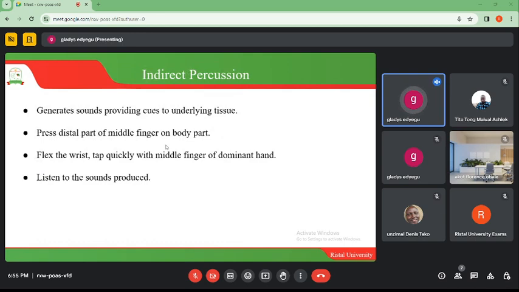Indirect percussion generates sounds providing cues to underlying tissues. So this will now show you whether there is a problem. You press the distal part of the middle finger on the body part, then flex the wrist. They're just trying to tell us how you are going to percuss. Your wrist should not be rigid, especially the one that you're going to use for tapping.